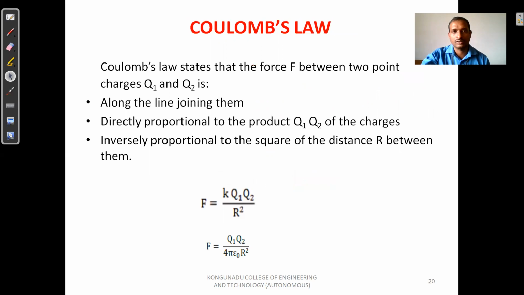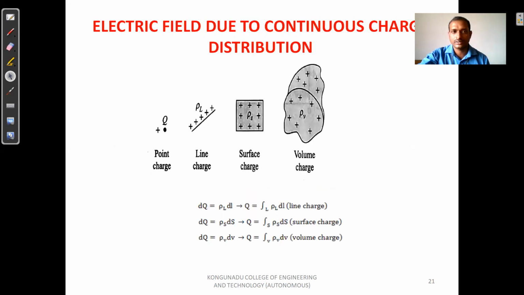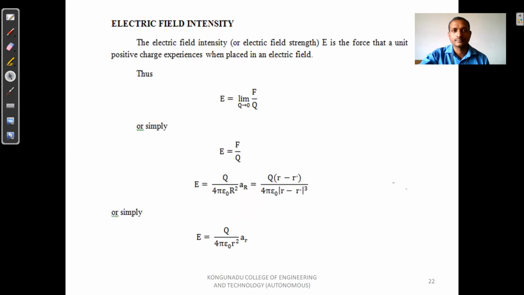Next, Coulomb's law: the force between two charges is directly proportional to the product of the two charges q1 and q2 and inversely proportional to the distance between the two points. Next, different charge distributions: point charge, line charge, surface charge and volume charge distributions.